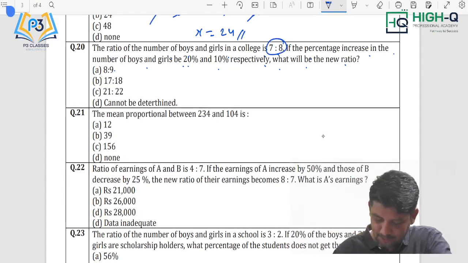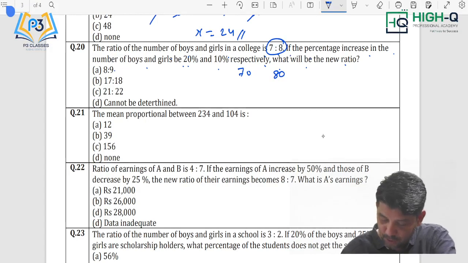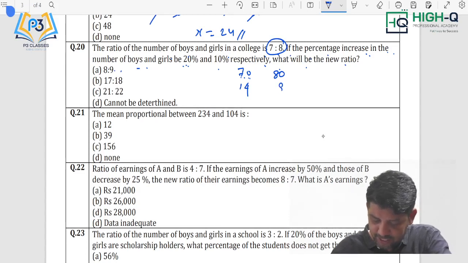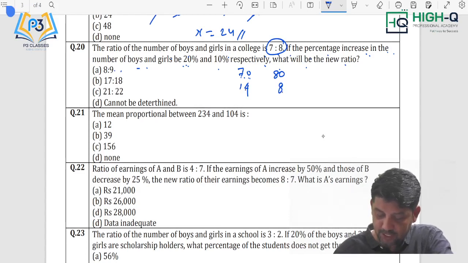Let me take number of boys 70, number of girls 80. 20% of 70 is 14. 10% of 80 is 8. So 14 boys increase, 8 girls increase. So we get 84 and 88. Now the ratio 84 is to 88 is nothing but 21 is to 22.